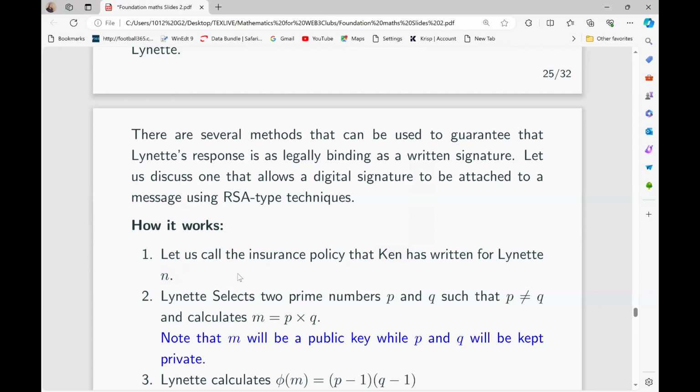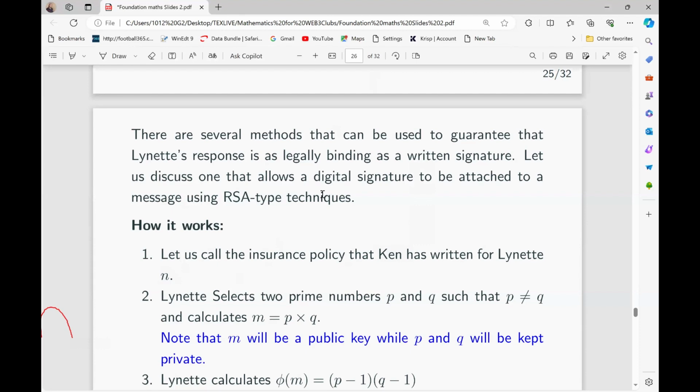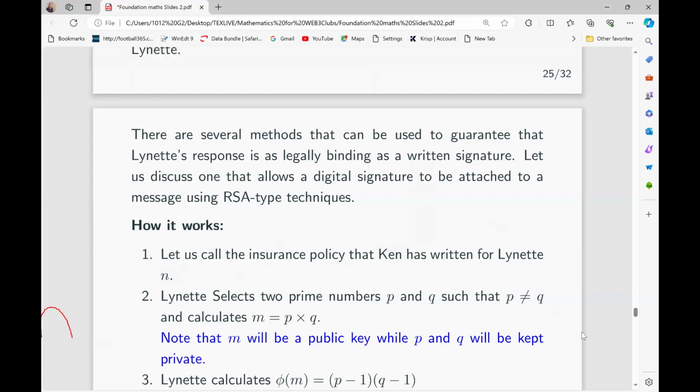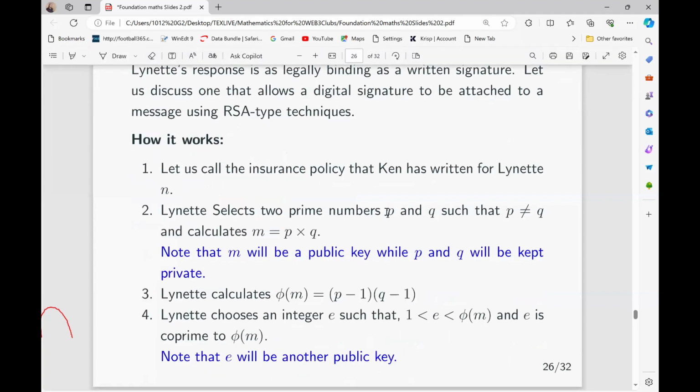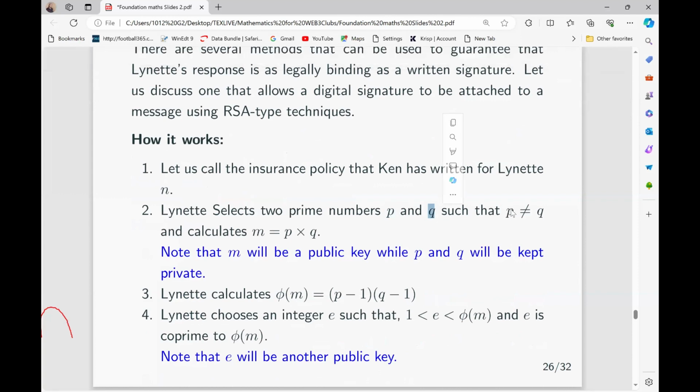So before Ken sends this message to Lynette, what we said earlier is that the recipient of the message has to choose the prime numbers. The recipient of the contract is Lynette. Lynette chooses the prime numbers P and Q, and we said they should not be equal. This is just the same RSA algorithm.